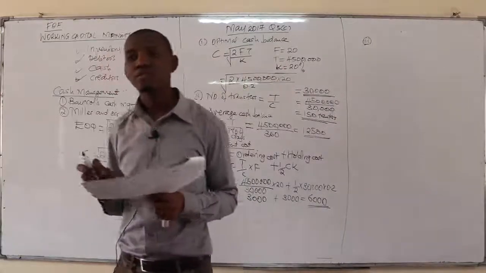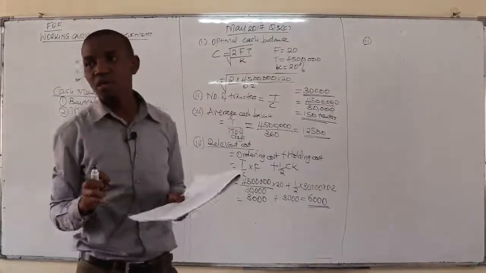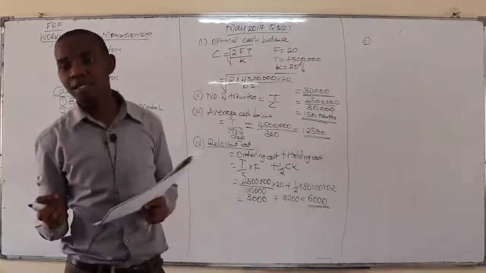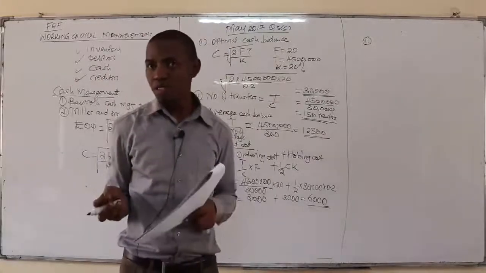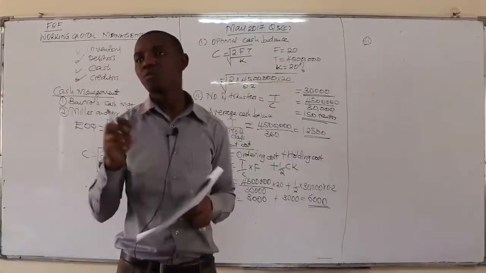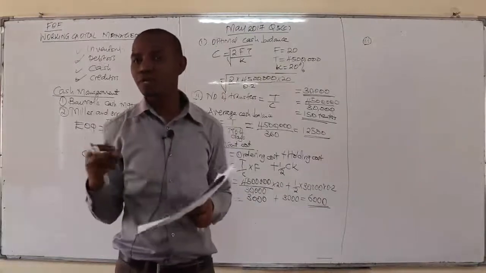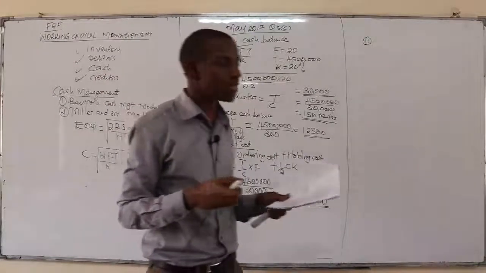Within what? 10,000. So in this case, it is being converted out of what we call the economic order quantities. Ndio, ikifika hapo, we want to know the number of times in which they will be converting that.